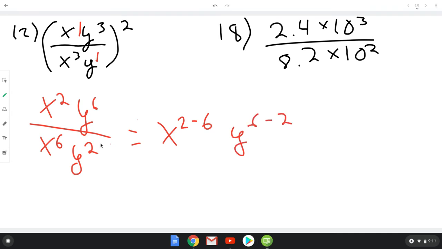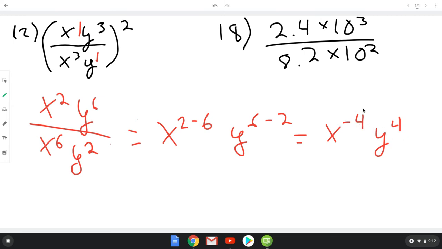And remember that order here does matter, because when we get 2 minus 6, that's going to be x to the negative 4. We get 6 minus 2, that's going to be y to the positive 4. So make sure you're paying attention to that sign. This is going to be negative, this one's going to be positive.